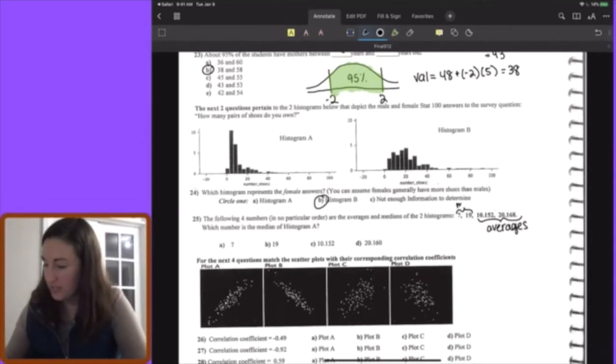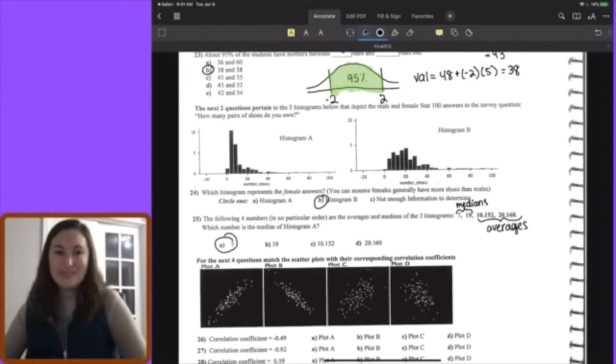So these have to be the 2 medians. And this is asking what's the median for histogram A. So histogram A is for the male, so it's just going to be the smaller one. Has to be 7. Because it did say you can assume, at least in this data set, that females had more shoes on average than males. Cool.